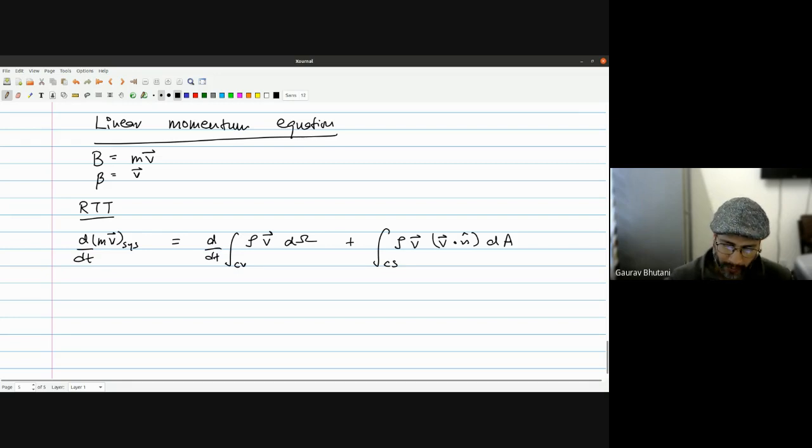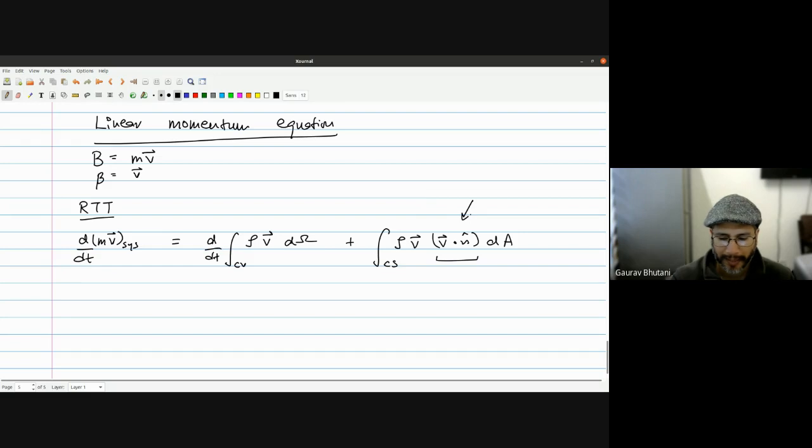Now it's a bit confusing because you have two V's here, unlike in the last case where you had the mass, so beta was 1. So it becomes a bit confusing. So remember what happens in this control surface term is that this V dot n term results in a flux in or flux out of the control surface.